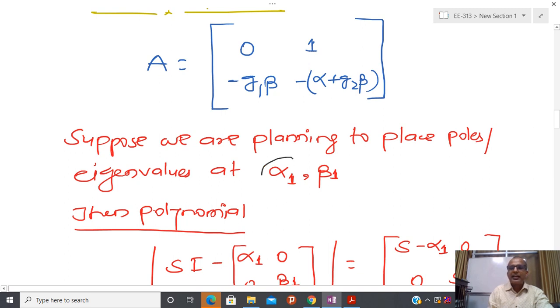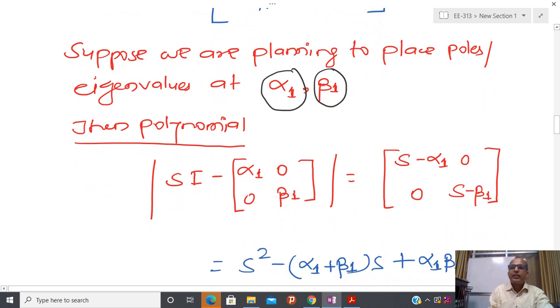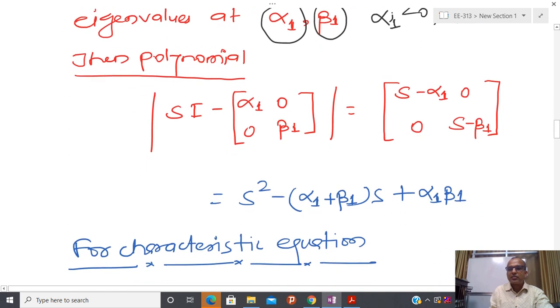Suppose the eigenvalues are alpha 1 and beta 1, and I am assuming that both are strictly negative, so alpha 1 is less than 0 and beta 1 is less than 0. Then corresponding to that, I can create a polynomial, and that polynomial looks like this.